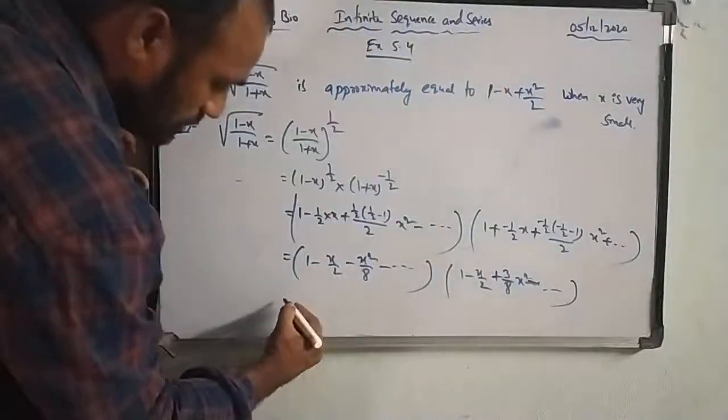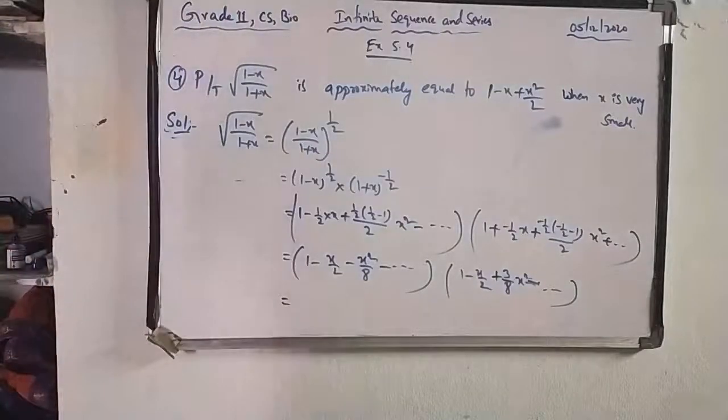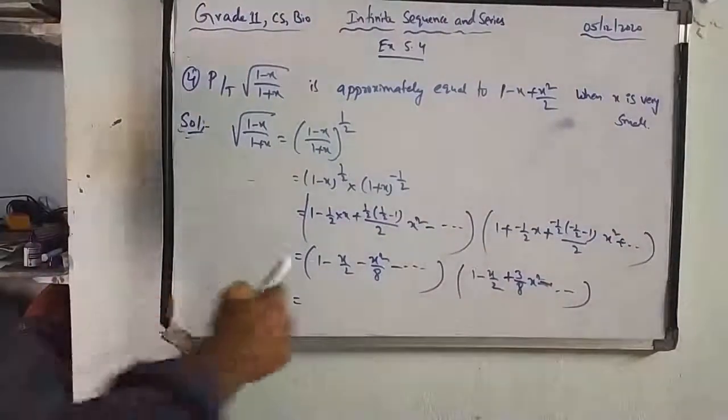So if I multiply these two, we are going to get it as, okay, next I can multiply this.